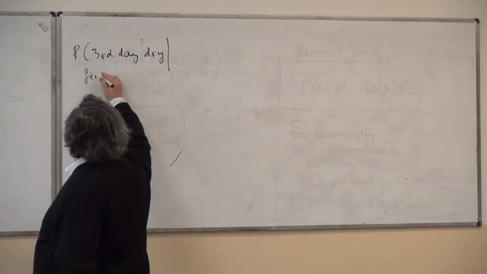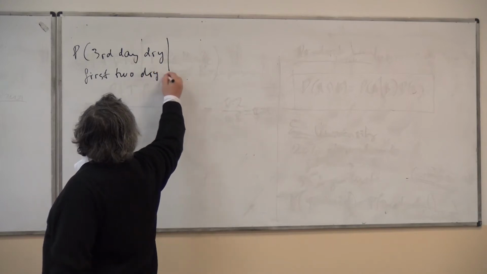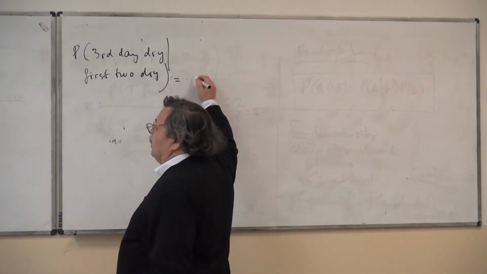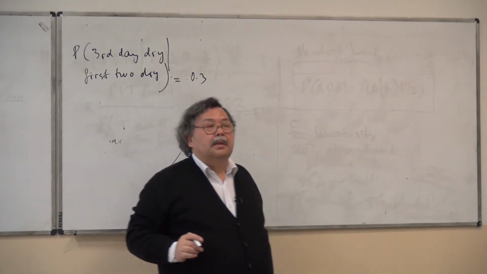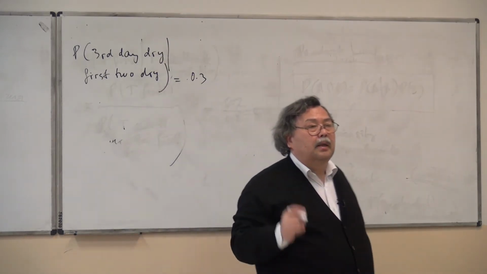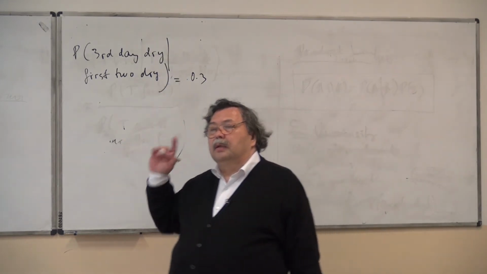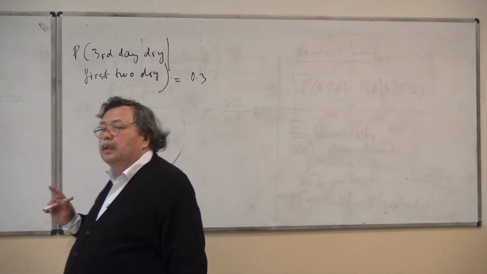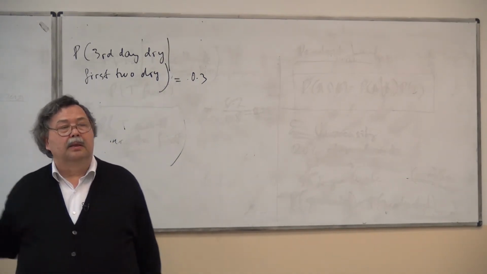It's estimated to be 0.3. Now, if these estimates are reasonable, if they can be relied on, what's the probability that all the three days will be dry? Tomorrow, day after tomorrow, and the next one.